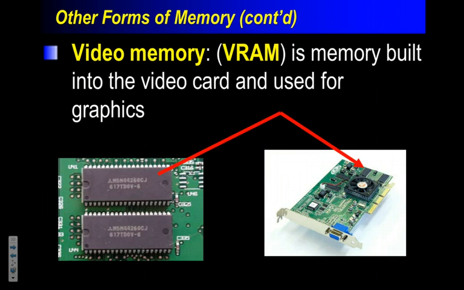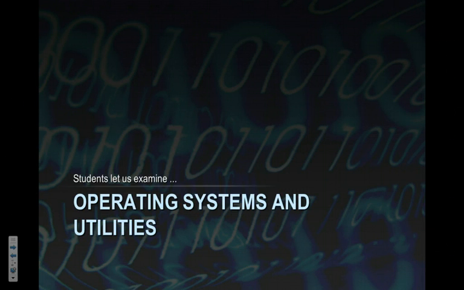Generally these cards are expansion cards, right? They plug into the motherboard. If the motherboard is the main board on the computer, these cards are also called daughter boards because they plug into the motherboard. But basically they're just a circuit board. Okay, any question about memory?